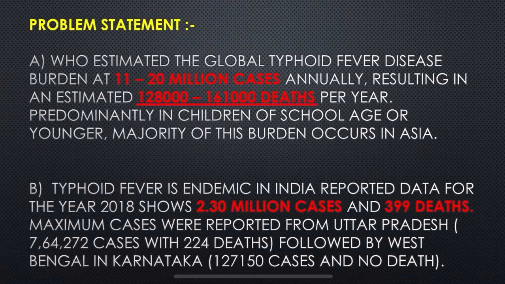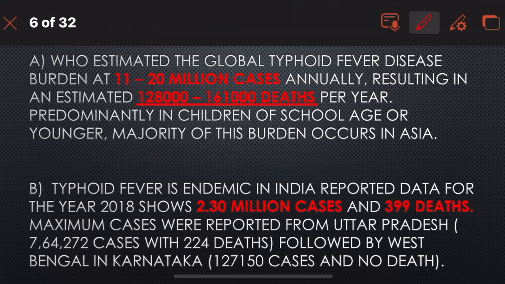Moving further to the problem statement. The World Health Organization estimated the global typhoid fever disease burden at 11 to 20 million cases annually. So in the problem statement we see that there are 11 to 20 million cases of typhoid occurring globally, and this is resulting in an estimated 1,28,000 to 1,61,000 deaths per year.